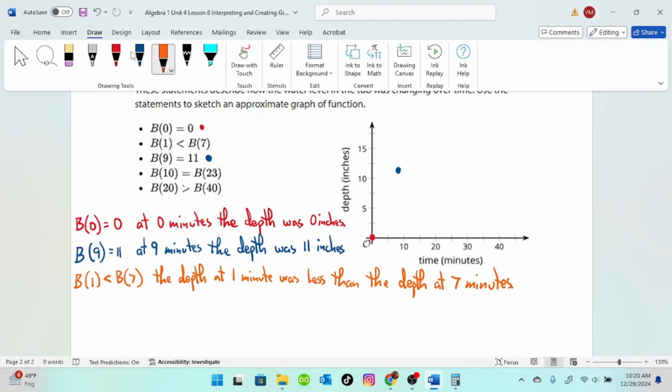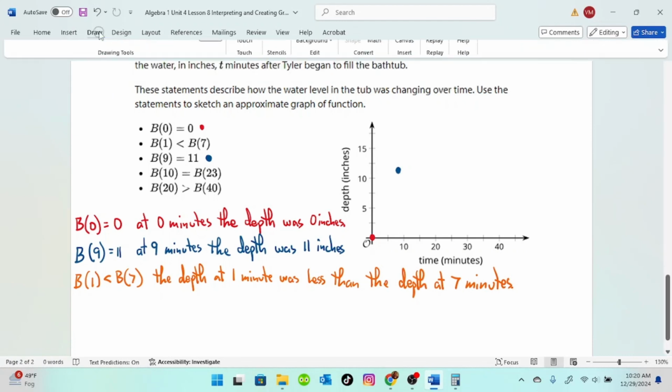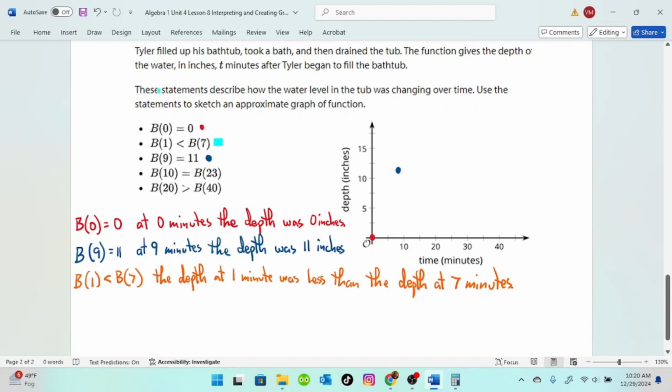To represent this, I'm going to use the blue highlighter line. So I'm just going to connect these 2 points to each other. And on this blue highlighter line, you can see that the depth at 1 minute is less than the depth at 7 minutes.